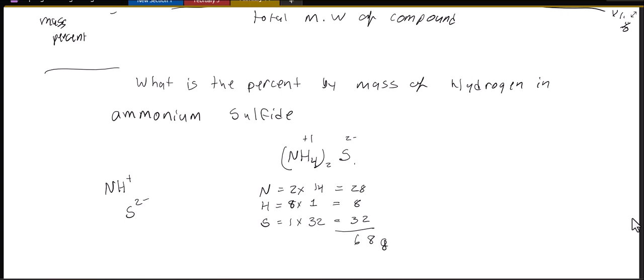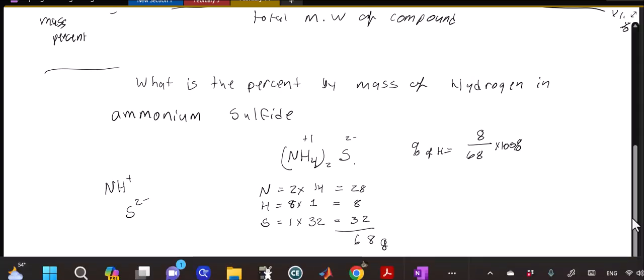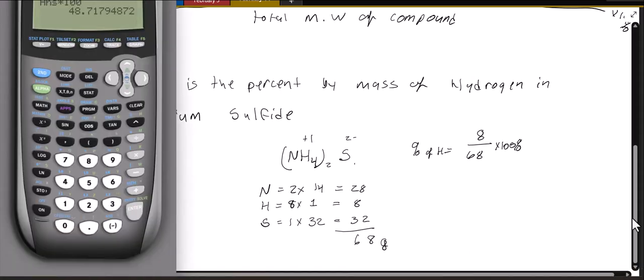And so the percent by mass of hydrogen is the total mass of hydrogen, which is 8 over 68 times 100%, which is 11.8%.